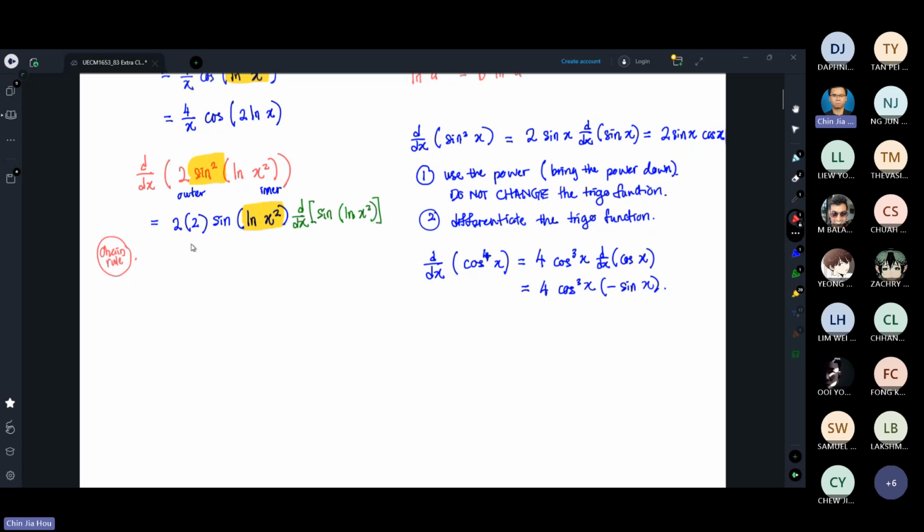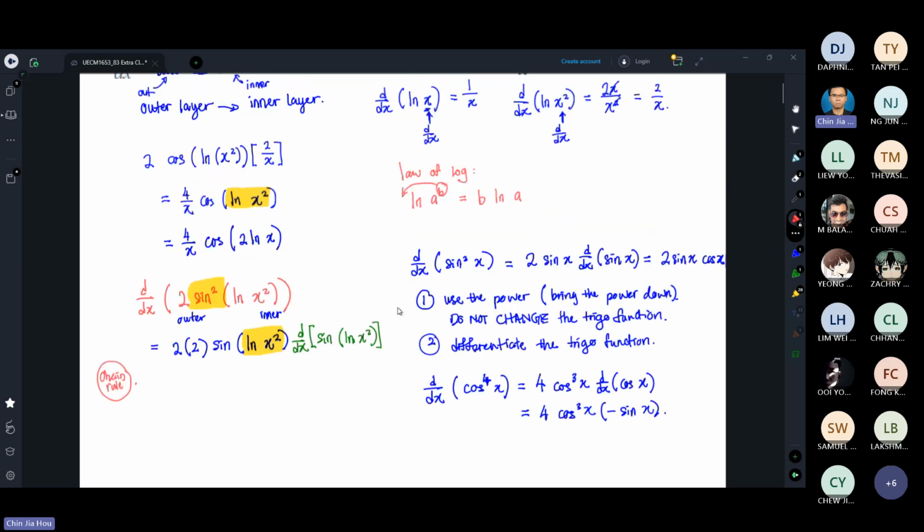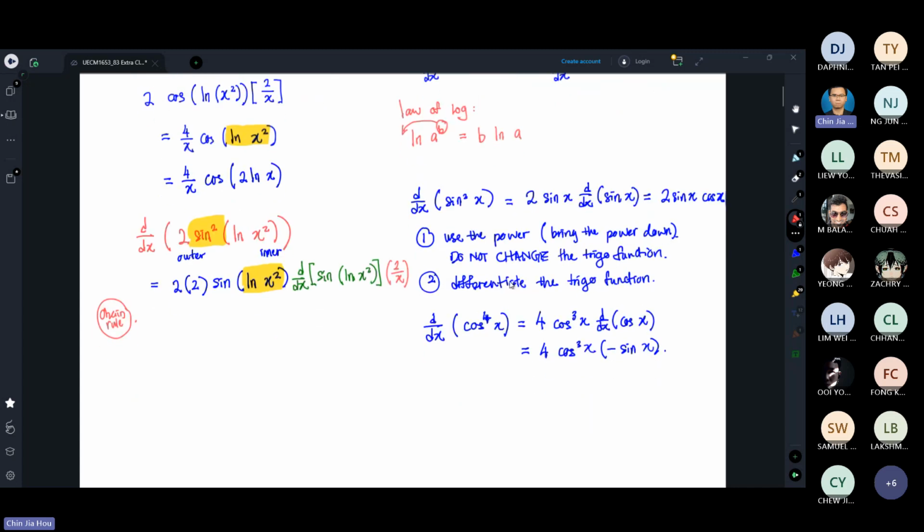So the chain rule here will give us the same thing that we got earlier, which is 2 over x. You can see 2 over x. This is for the chain rule. The green color is for the higher power trigonometric function. And the blue color is just blue color. Nothing important. Nothing really confusing there.